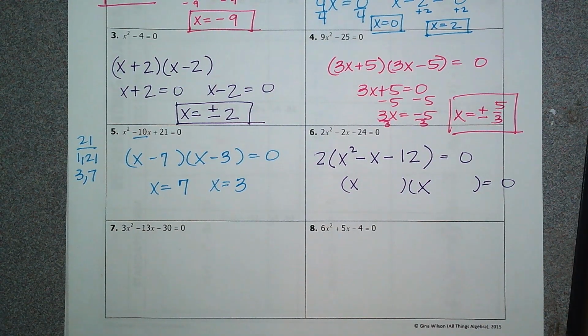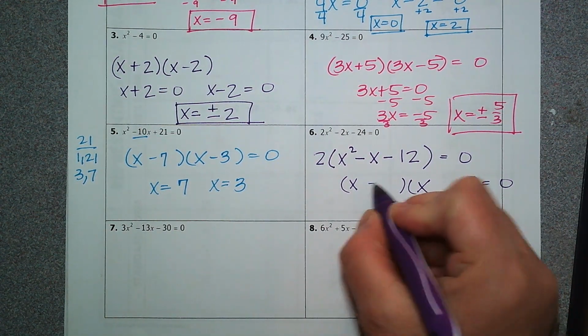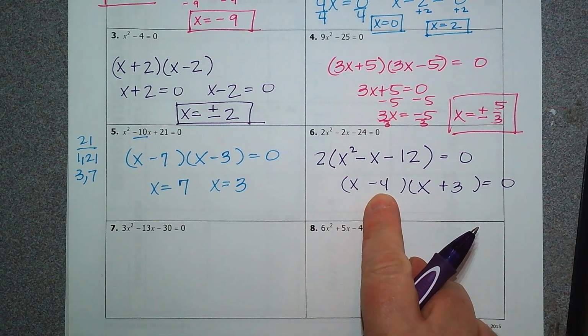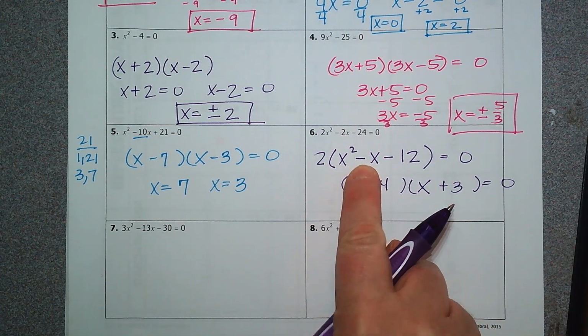The two factors have to multiply to give me -12 and add to give me -1. 3 and 4. Which one is positive? Which one is negative? -4, +3. Because when I add them, -4 plus 3 is -1.